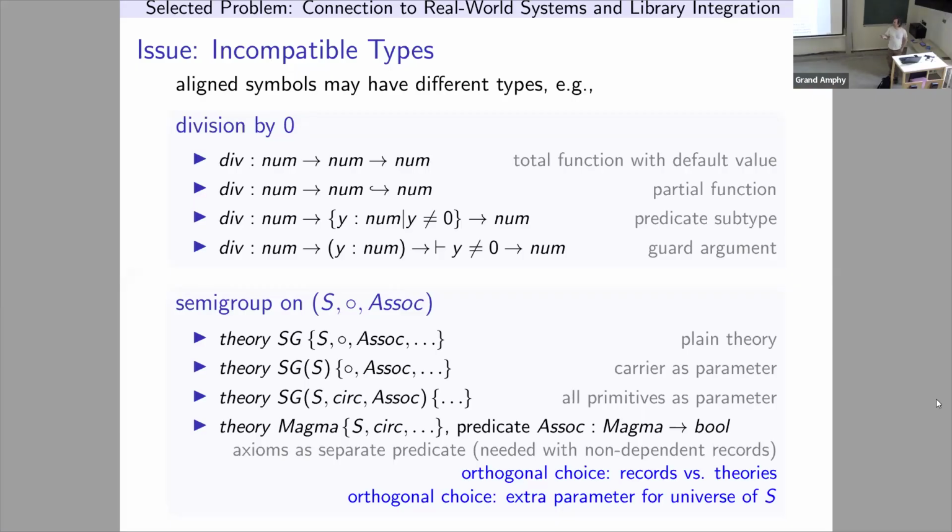If you have a library that picks one of these, and a second library that does a different thing, you typically won't get a logic translation that gives you a library translation where the division of the source language goes to the division of the target language. So you're going to end up with some other operation in the target logic, which behaves kind of like division, but which is not tied to the division that was already present in the target system.